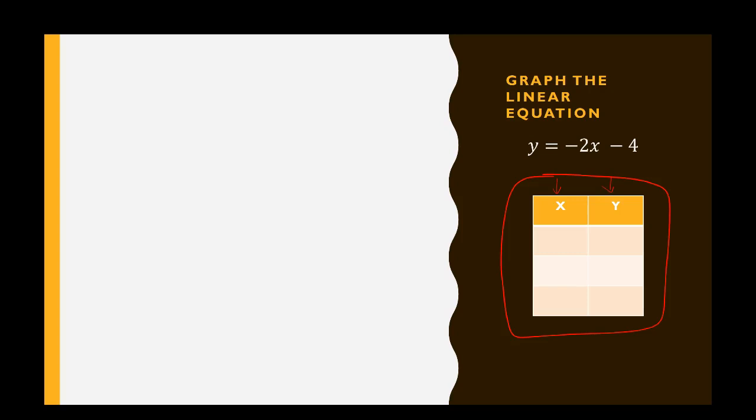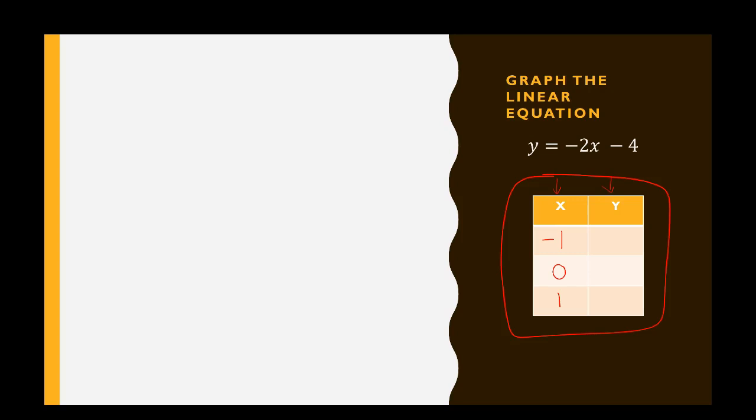Now, I would not make things harder for you than they need to be, so I would pick easy numbers. I like to pick a negative and a positive, so my go-to is always negative 1, 0, and 1.